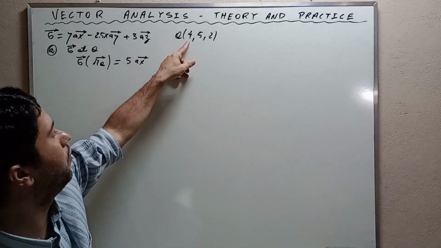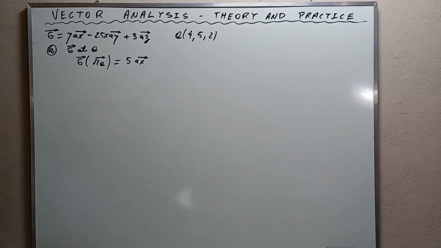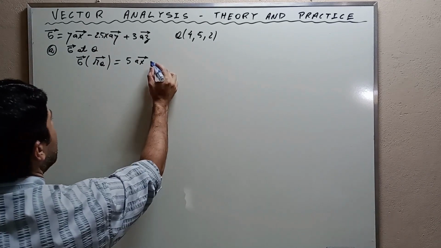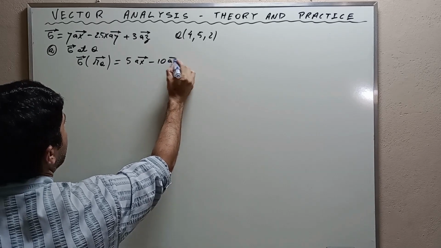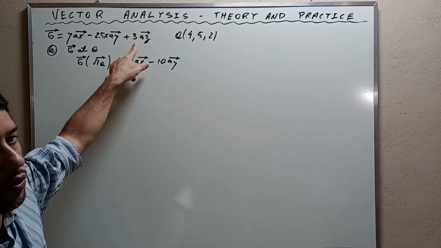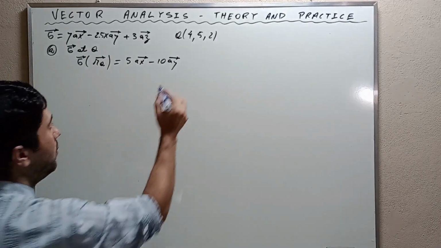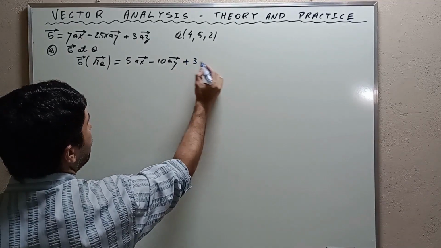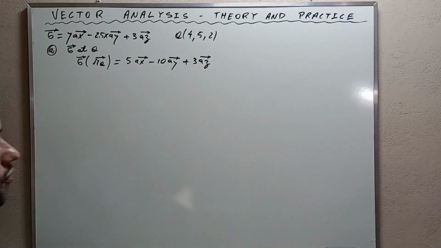We put 4 here in the place of x, and it produces a -10 in the y direction, and 3 is a constant here in the z direction. Then it is simply 3 in the z direction.